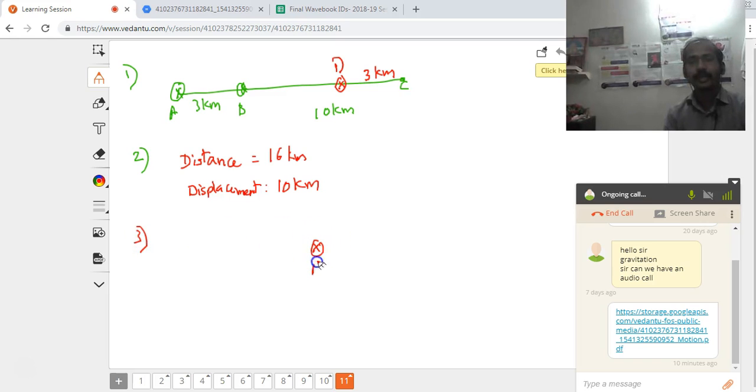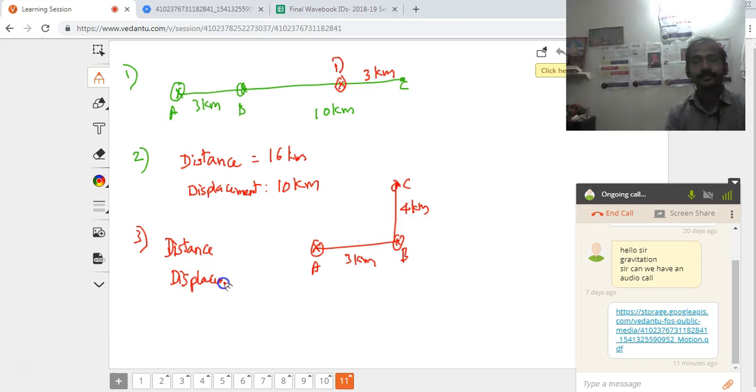A car goes from point A to point B, 3 kilometers. From point B to point C, 4 kilometers. Now what is the distance and what is the displacement?